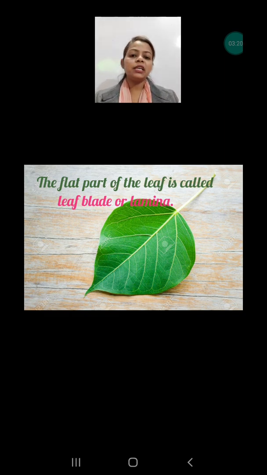That's why the leaves of the plant are very thin, so that they can absorb carbon dioxide and sunlight very nicely, and the sunlight can penetrate deep into the leaf. If it were thick, then the maximum amount of sunlight could not go inside the leaf. That's why they are broad and thin.